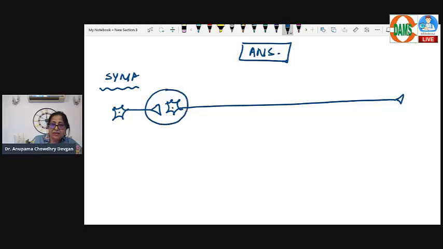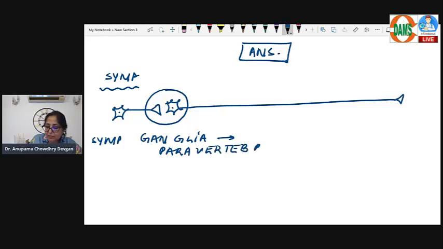Where are the sympathetic ganglia located? Their location is paravertebral. There is a paravertebral chain of sympathetic ganglia. In the sympathetic nervous system, the preganglionic fibers are very short, and the postganglionic fibers are very long.